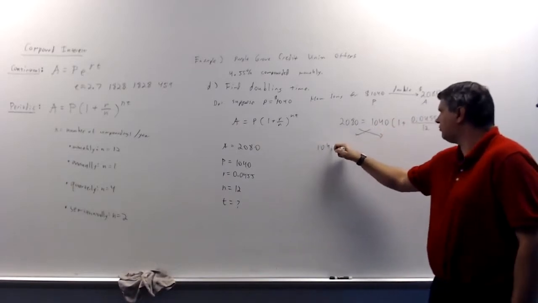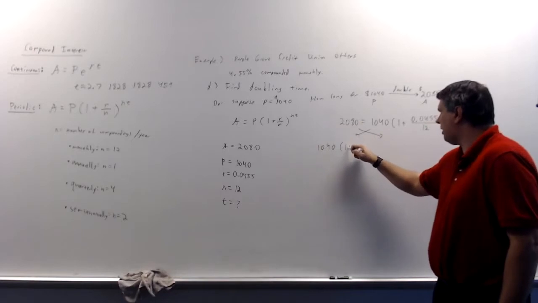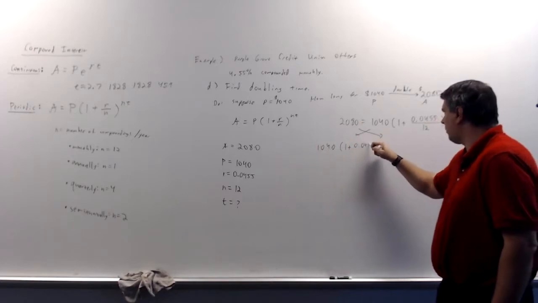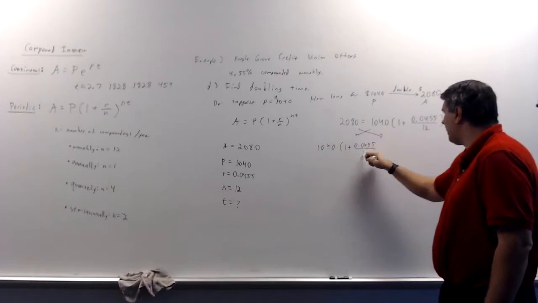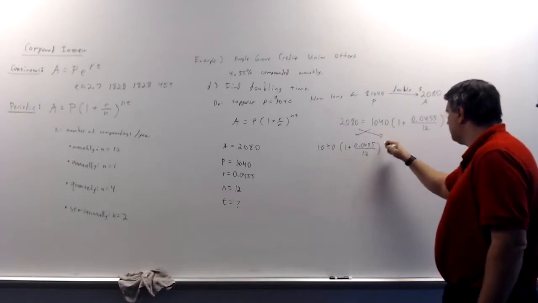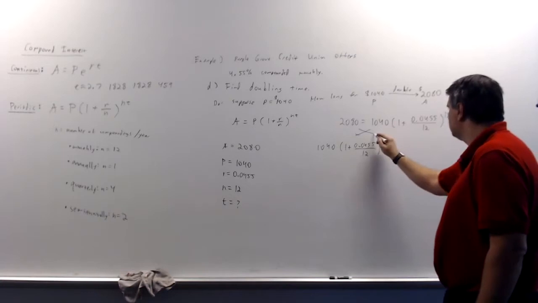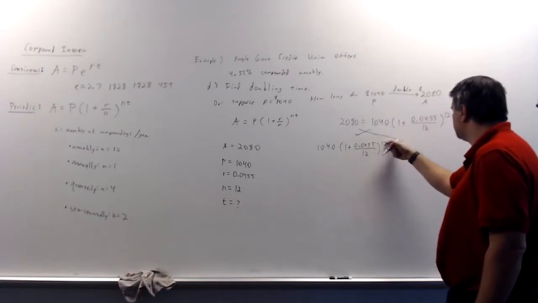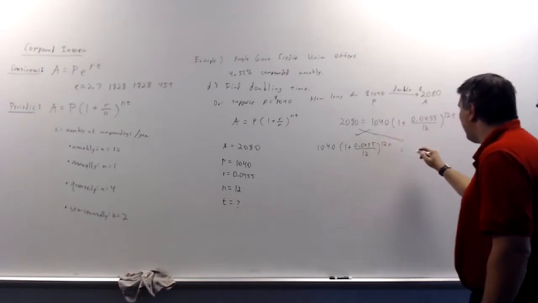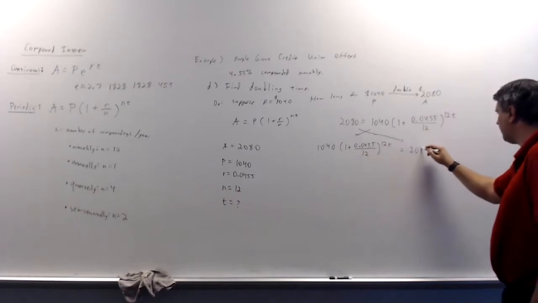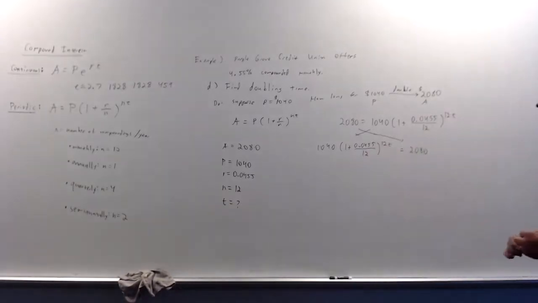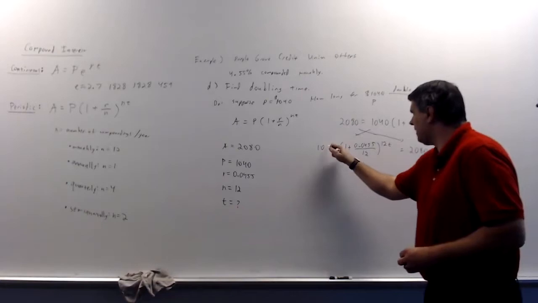So 1,040 times 1 plus 0.0455 over 12 to the 12t power, how long will it take for it to equal 2080? I'm going to go ahead and divide off this 1040.